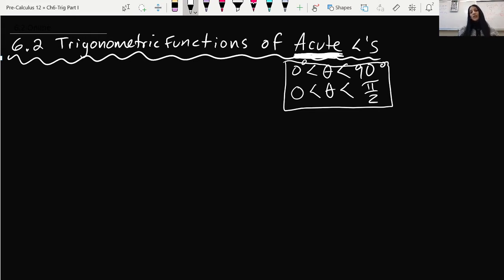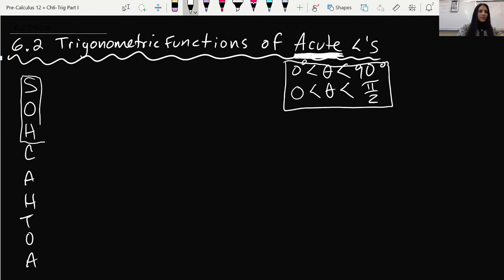And let's start off with some review of Sohcahtoa. So I'll do this vertically here. Sohcahtoa. And I'm going to group them together to just remind you that this would go together because it's the symbol or acronym for sine, which is equal to opposite over hypotenuse.